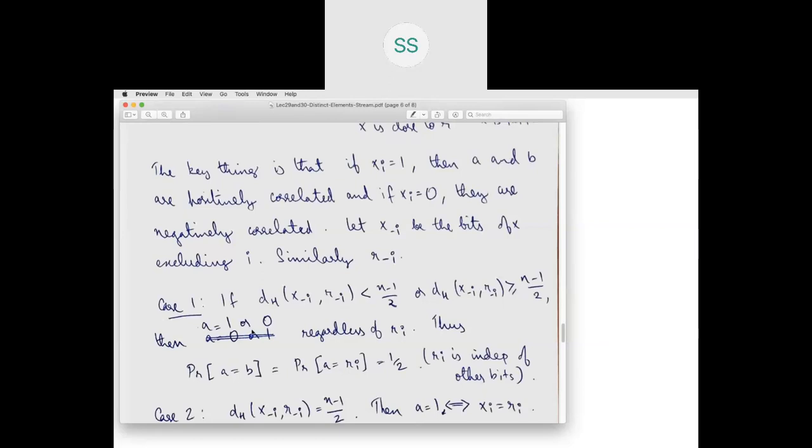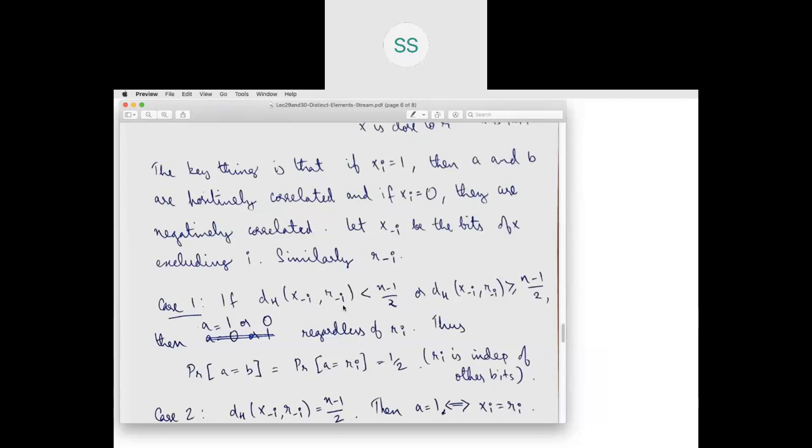So since A is already fixed, ri will be 0 or 1 with probability half each. So now what is the probability that ri will be equal to A? It will agree with A with probability half, whatever A is, 0 or 1. And ri is independent of other things, so it doesn't matter what other things are. So the probability that A is equal to ri is exactly half.